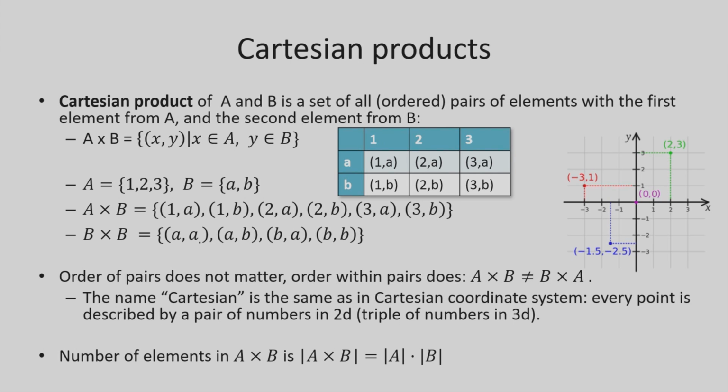You could also take a Cartesian product of a set with itself. In this case, for example, if you take the Cartesian product of the set AB with itself, you get AA, AB, BA, and BB. And here, notice that I am using round brackets instead of curly brackets around every pair.